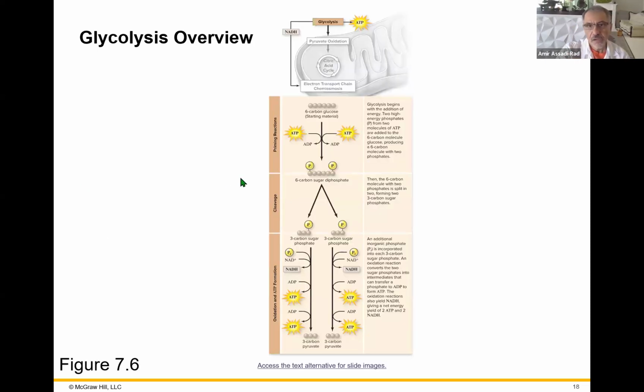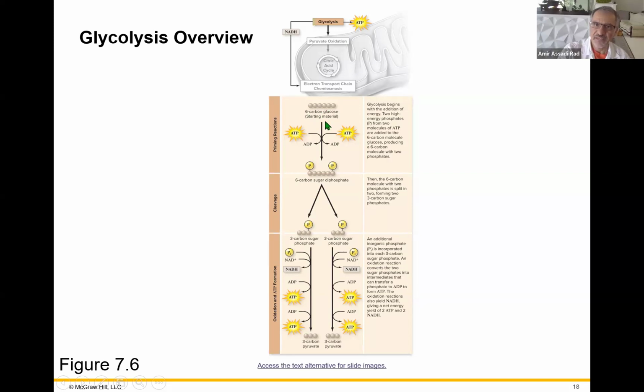Let's go. So here's a glucose molecule with 6 carbons. It breaks down to 6 carbon sugar diphosphate. He didn't mention every step. It's okay. You don't need to know them. And then it breaks down to 2 pyruvate molecules at the end. What happens? You had to invest 2 ATP to break down this 6 carbon.